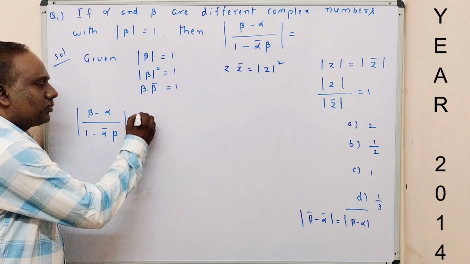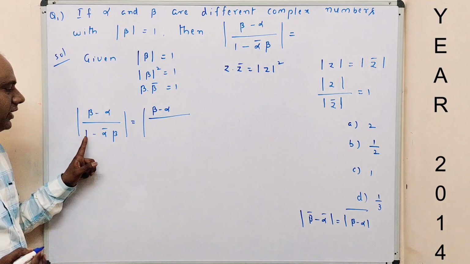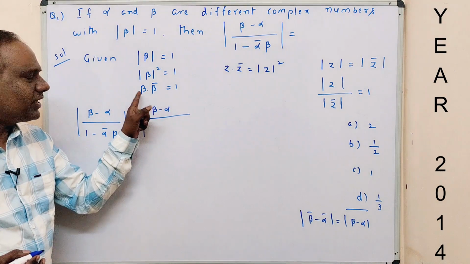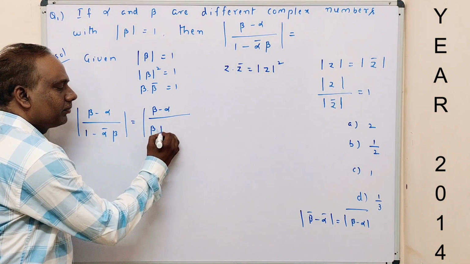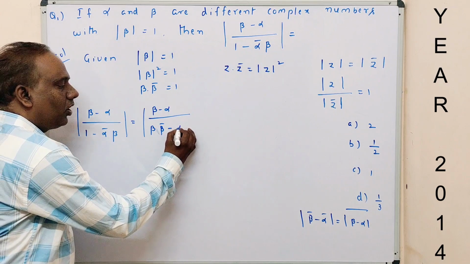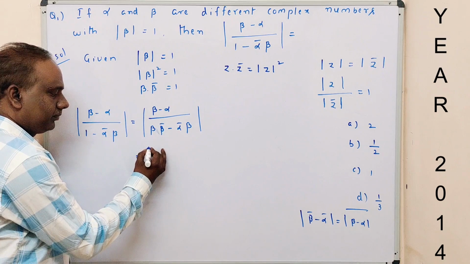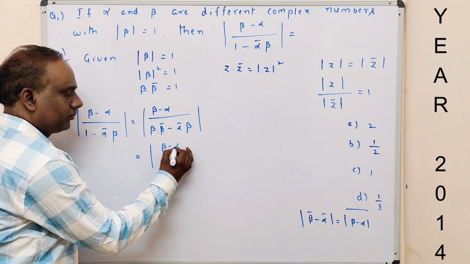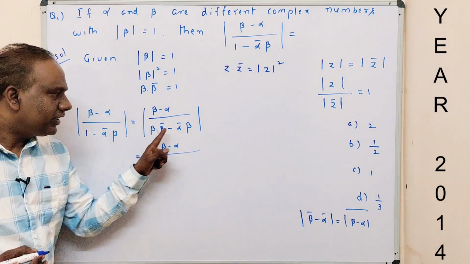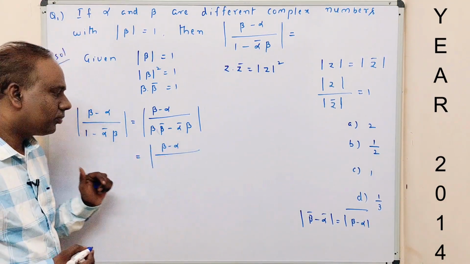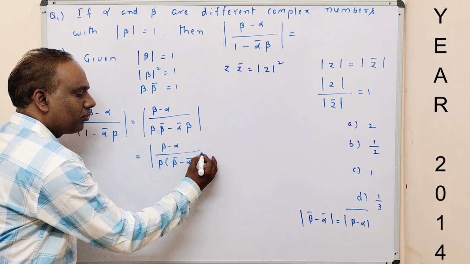Now substitute here. So modulus of beta minus alpha by 1, and 1 can be written as beta into beta bar, minus alpha bar beta. Here in the denominator beta is common, so it is beta bar minus alpha bar.